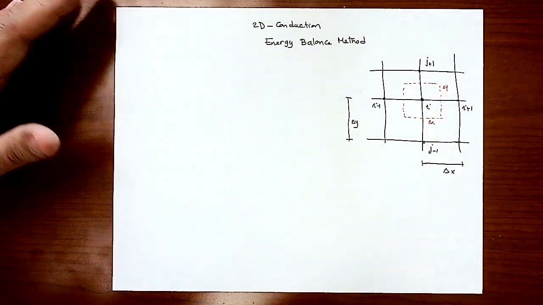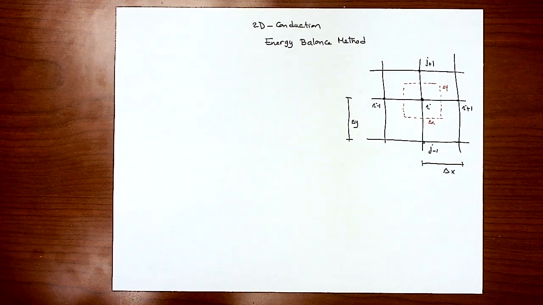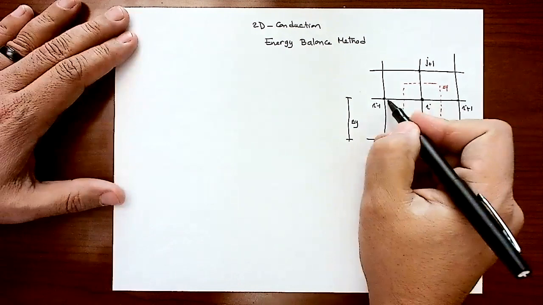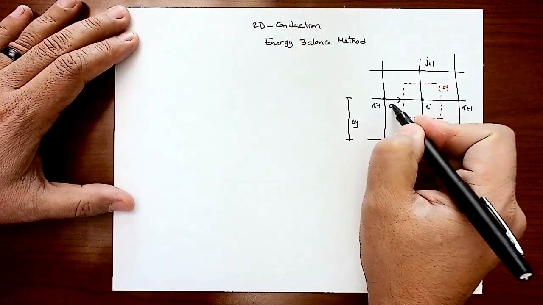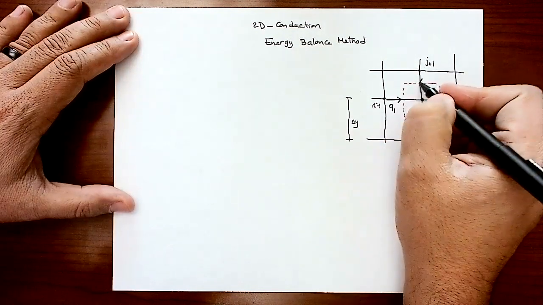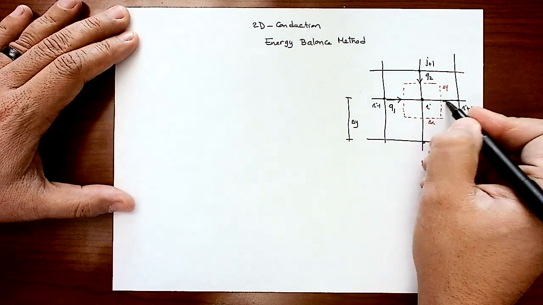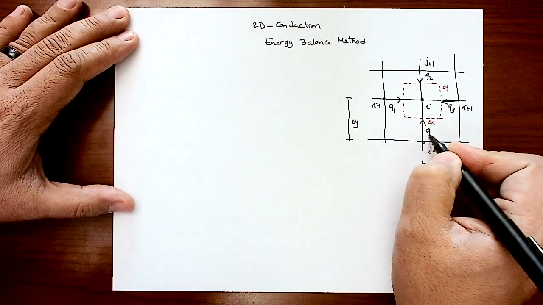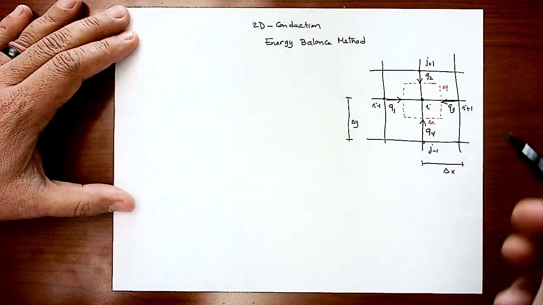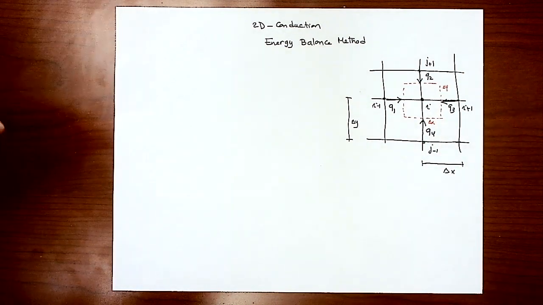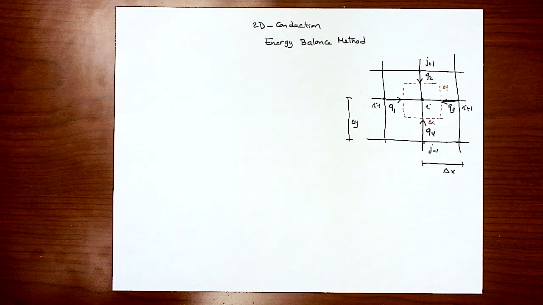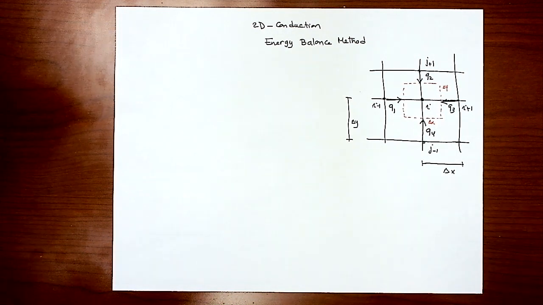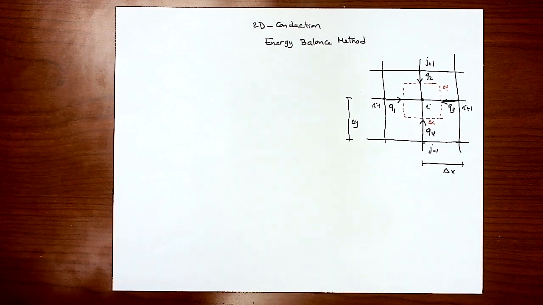Now I'm going to supply all the energy into that control element. So I'm expecting to have energy coming that way, that way, that way, and that way. So Q1, Q2, Q3, Q4 are supplied into the control volume, and all of them are coming into that control element. It's because this is the assumption of the energy balance method.